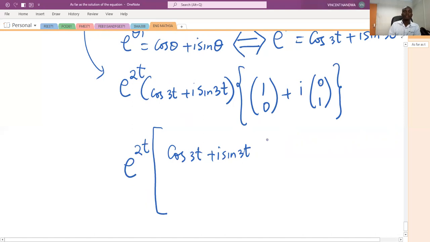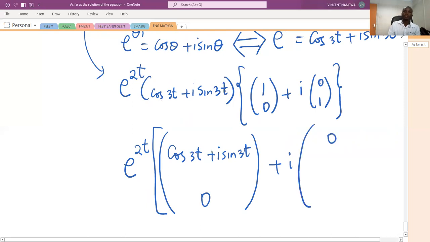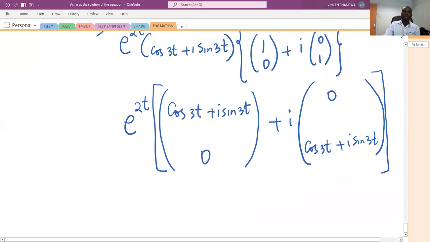So this is only the upper element. The lower element will have this by this. Let me just do step by step. This will be 0, and then plus i into this term times 0 is 0. This term times 1, we get cosine of 3t plus i sin 3t. So that's what you have.